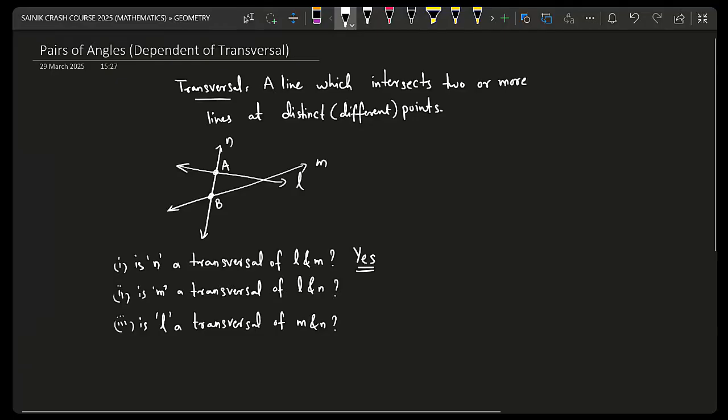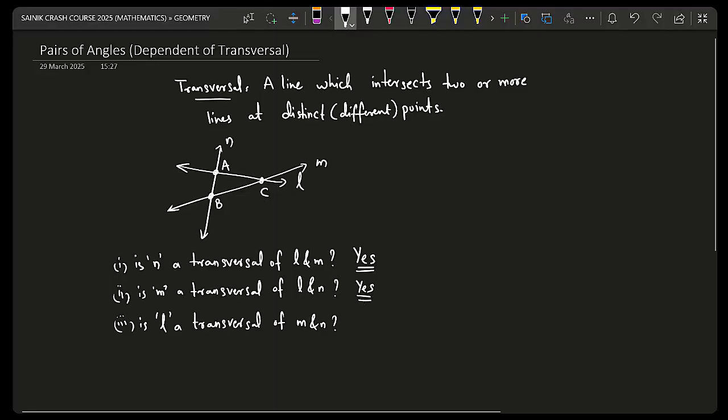Yes, the answer is yes. Why? Because M is intersecting N and L at different points or same points? M is intersecting L at this point, let us say it is C. So B and C are different points. That's why you're saying yes. Yes, it is the correct answer.